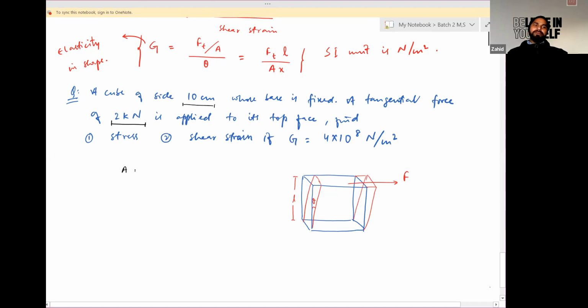So we have to convert this particular term first into SI unit and then apply the formula. So area of top surface will be length squared or side squared. So it will be 10 divided by 100, 10 divided by 100, or it equals 10 raised to the power minus 2 meters squared.